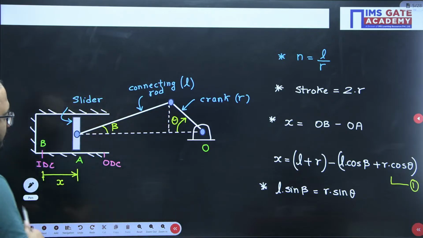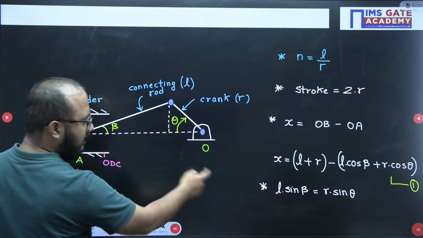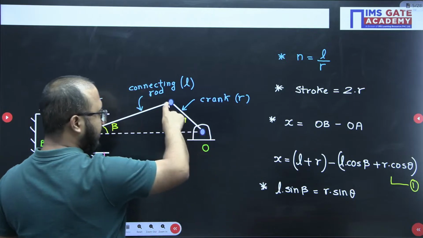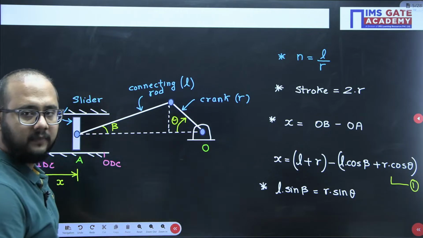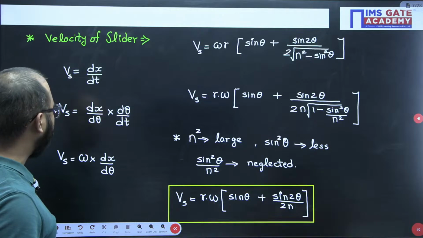Now, but how I will be doing? See, as I equated the vertical components using this connecting rod and the crank, that relation I am going to use. So let us write angular velocity of connecting rod.